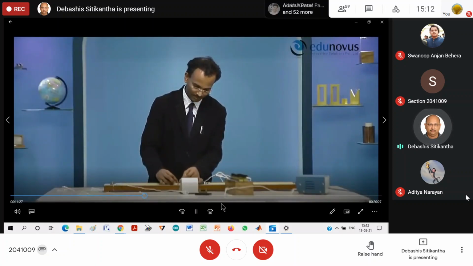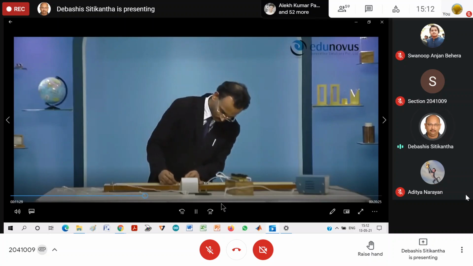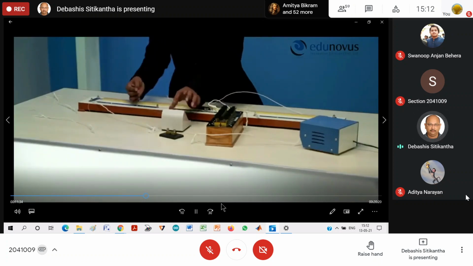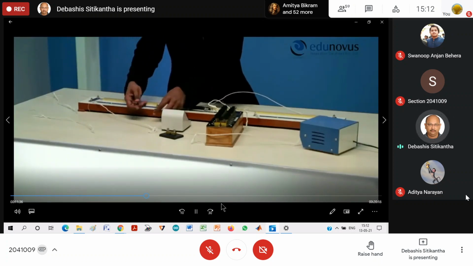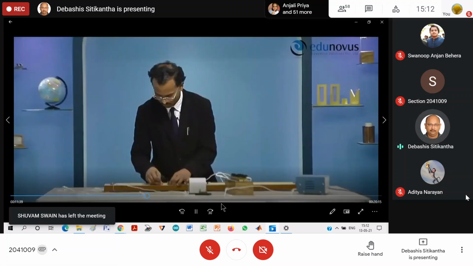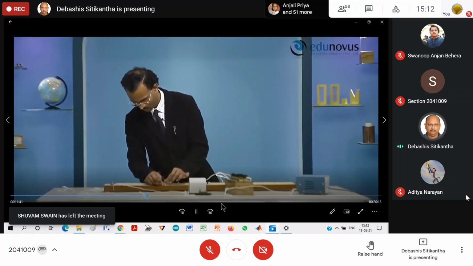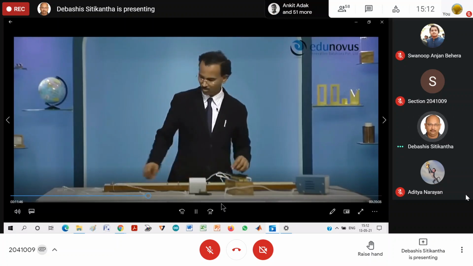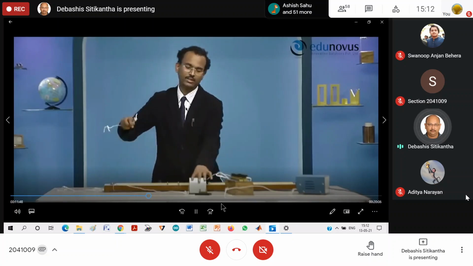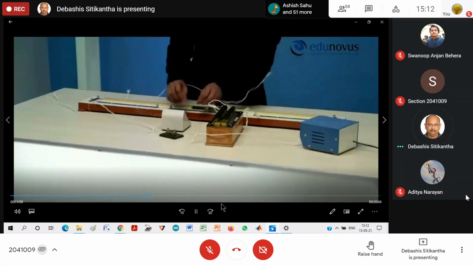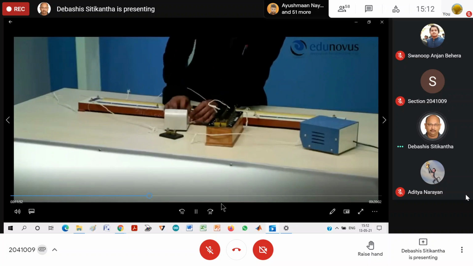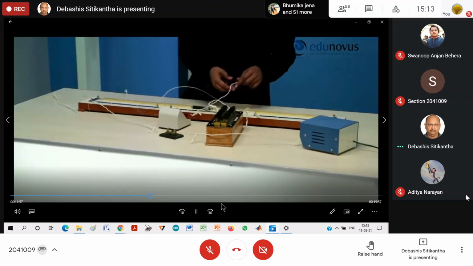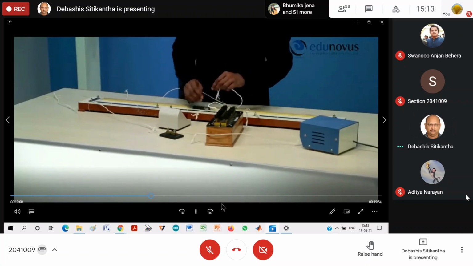So this would form the X. Now to find out the null point, I need to connect the galvanometer to the circuit. So from the positive of the galvanometer, I'll connect it to the middle strip.